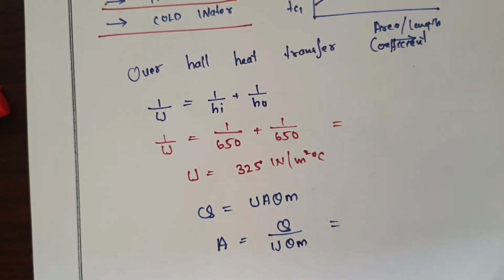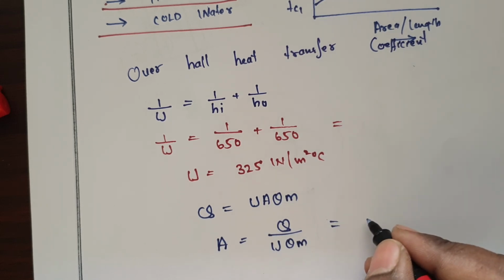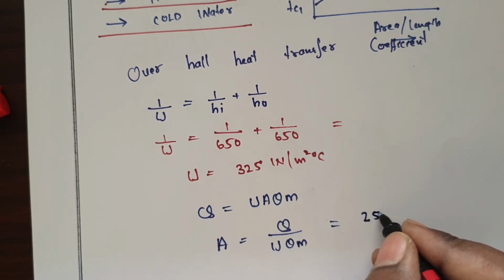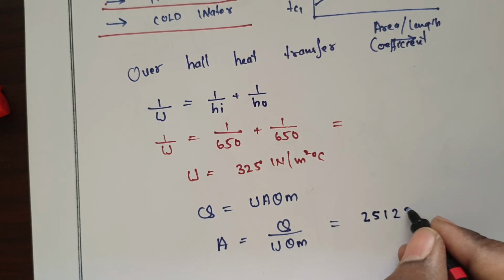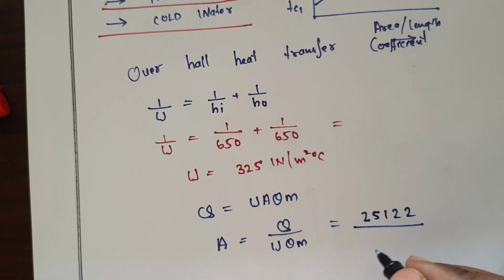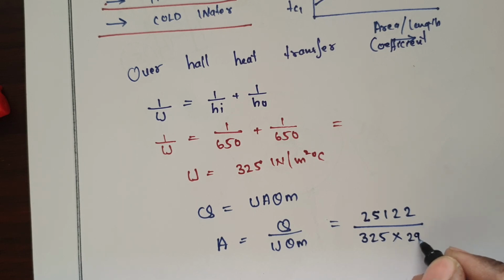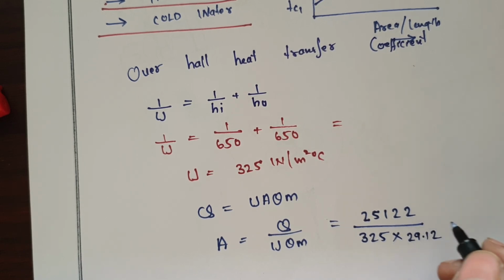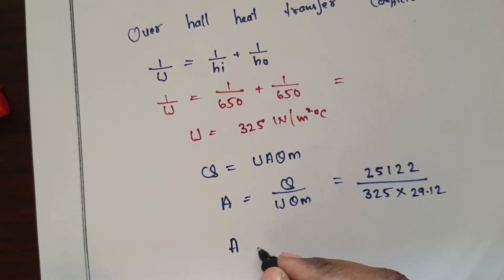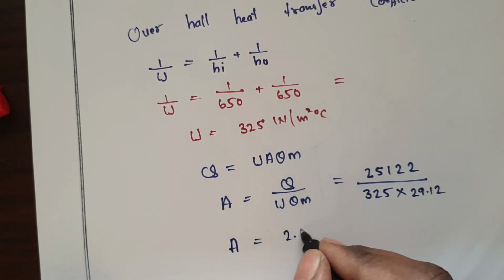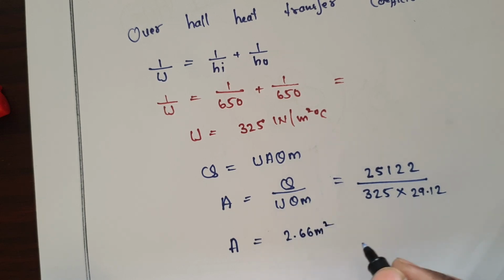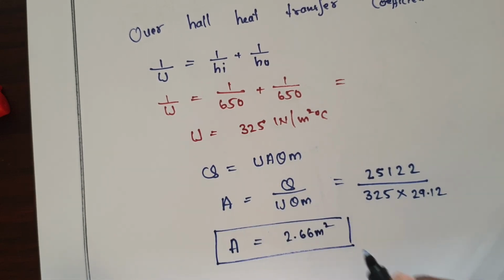Q value you already got in the starting, that is 25122, divided by U value 325, then theta m value 29.12. If you solve this one, you will get the area. Area is somewhat 2.66 meter square.